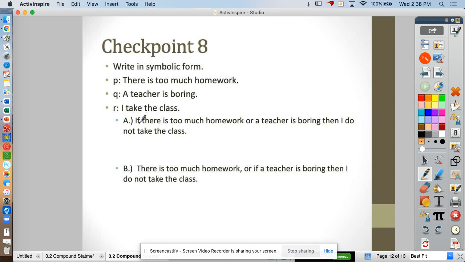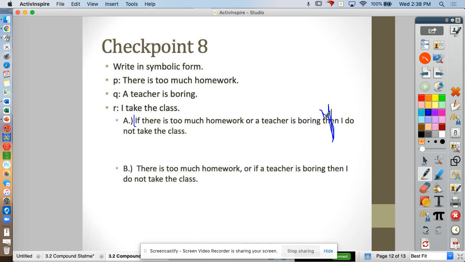And so it's the if this, then that. And the other word here is or. And so if then has a higher dominance above or, which means your break is going to be if then.